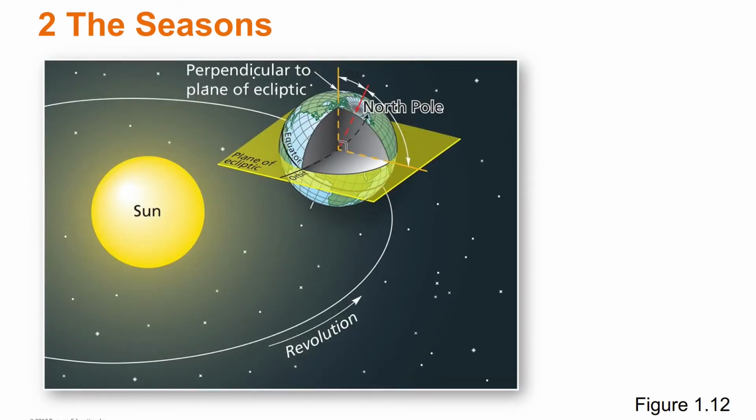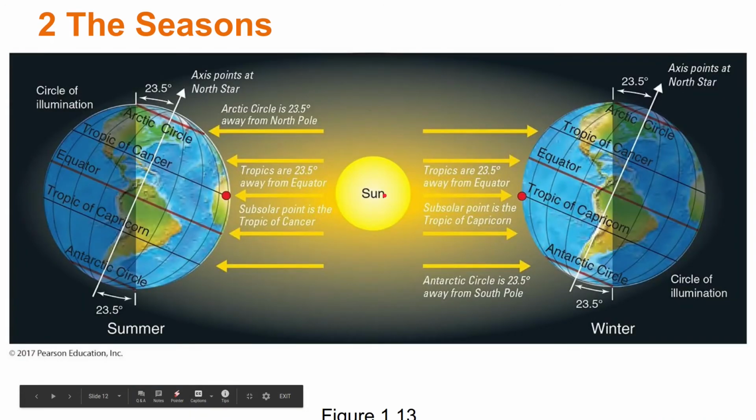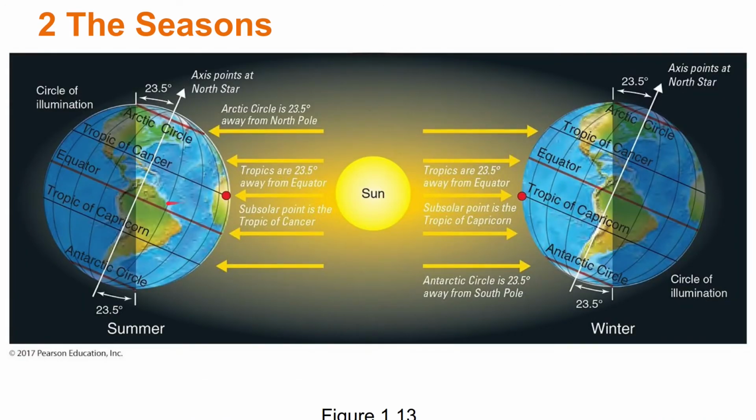So here this is showing Earth's tilt 23.5 degrees relative to its orbit, also showing the difference between revolution and rotation. Earth rotates on its axis, revolves around the sun. So here we've got Northern Hemisphere summer, Northern Hemisphere winter, and remember the seasons are 6 months apart in the two hemispheres.